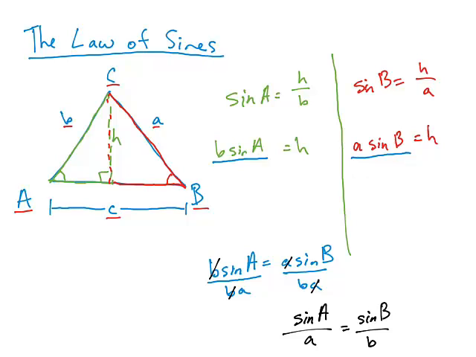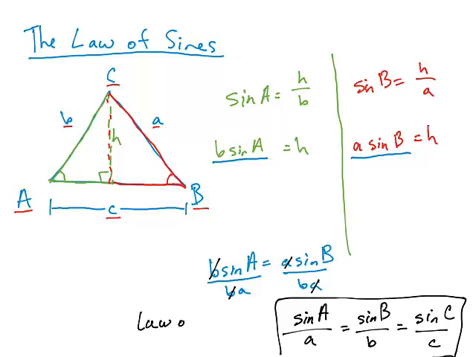And I could have gone through this process in a similar way to find a relationship between the side and angle of c. So this is also equal to sine of angle C over c. So this right here is the law of sines.